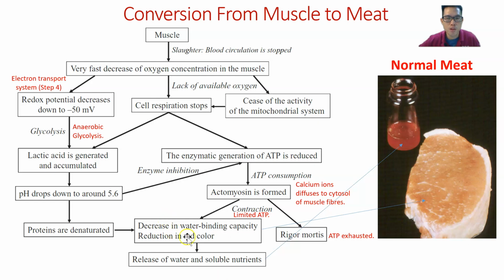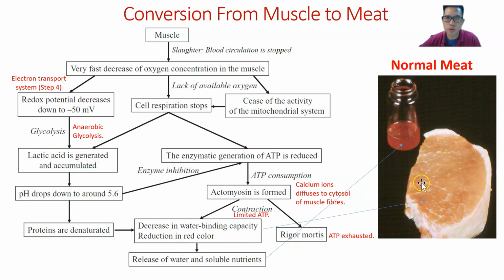So the red color is reduced due to the myoglobin leaching out together with the water inside the cell, and so the water will be released as well as the soluble nutrients that are inside the cell. So this is basically the whole process that is happening.